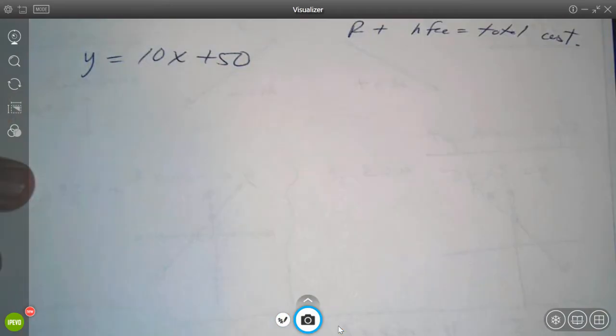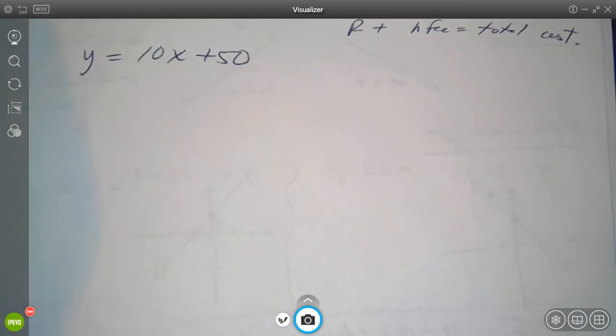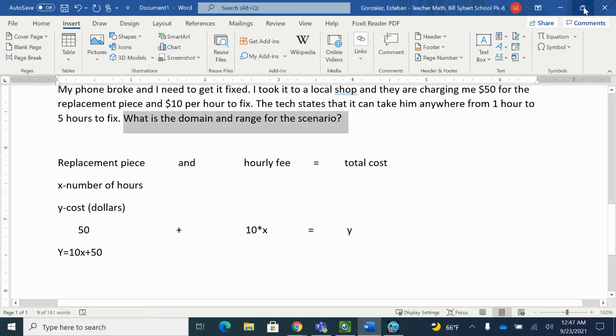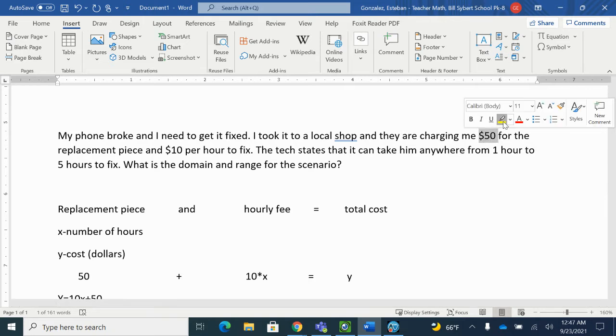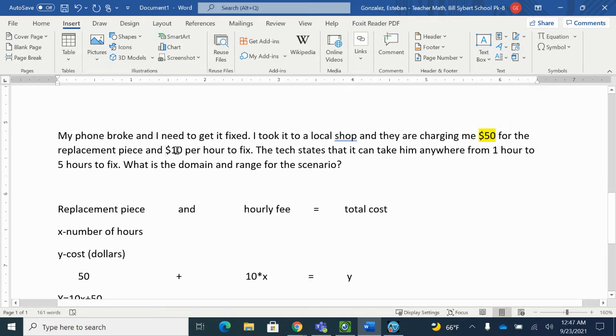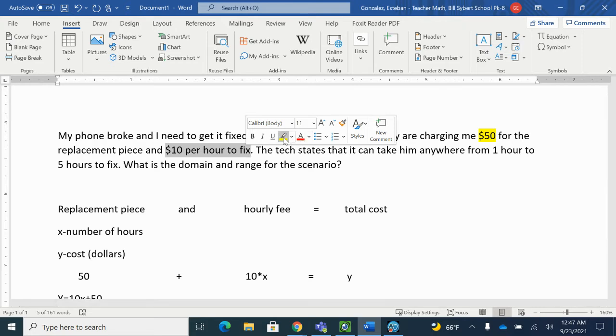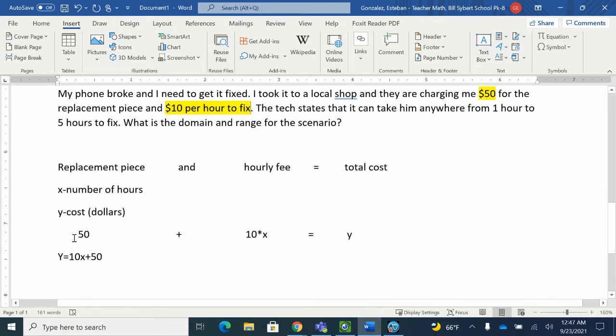Well, did the text tell me anything important or anything useful? And again, going back, when you do your highlighting on your test, there's actually something really important given to us. We know that it's a $50 replacement fee, $10 per hour to fix. Notice how now you can see how we got 50 plus 10x, right?